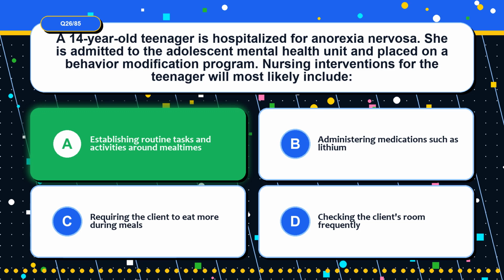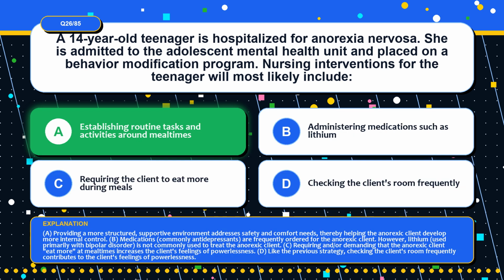The correct answer is option A, establishing routine tasks and activities around mealtimes. Providing a more structured, supportive environment addresses safety and comfort needs, thereby helping the anorexic client develop more internal control. B. Medications, commonly antidepressants, are frequently ordered for the anorexic client.